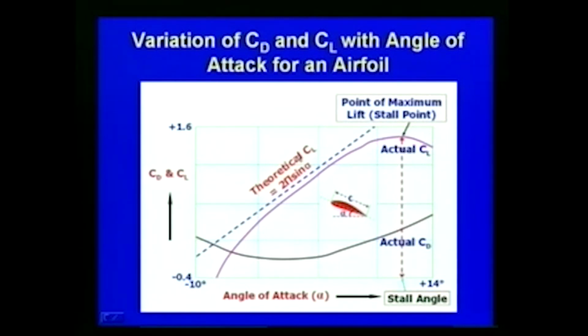Actually, even the theoretical coefficient of lift is 2 pi sin alpha, which represents this line, but in reality, it will be like this, and then we reach a maximum point, the point of maximum lift, where we define a point called stall point, and then it reduces.